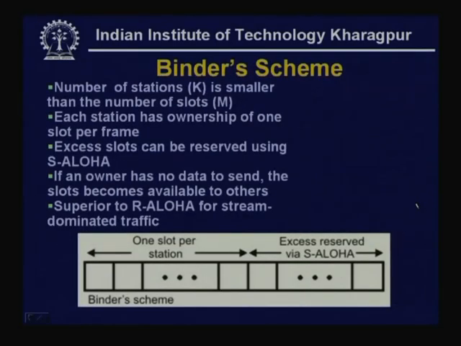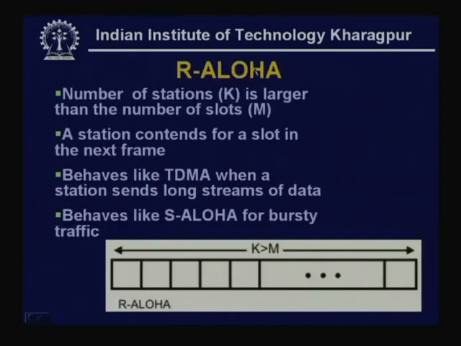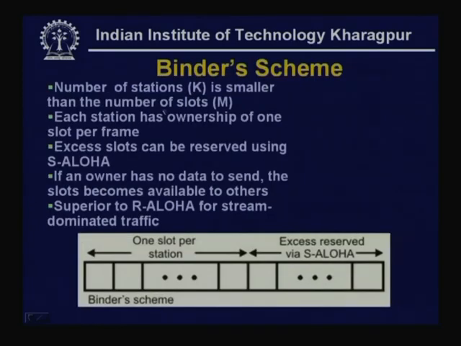Let us consider another situation. In the Binder scheme, the number of stations is smaller than the number of slots. Earlier the number of stations was larger than the number of slots. So, in this case, since the number of stations is smaller than the number of slots, each station is allocated a particular slot.